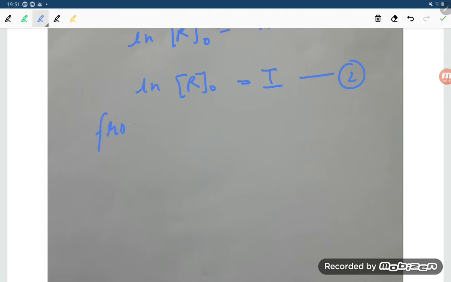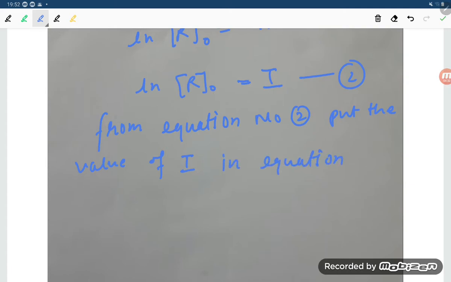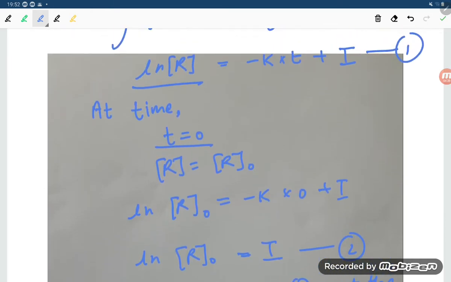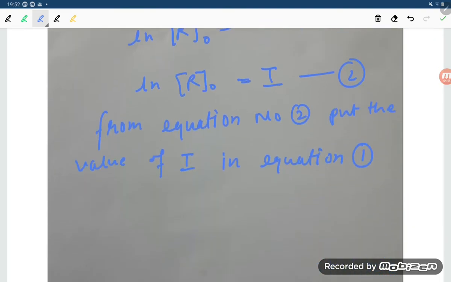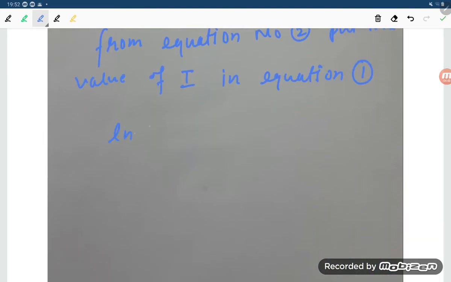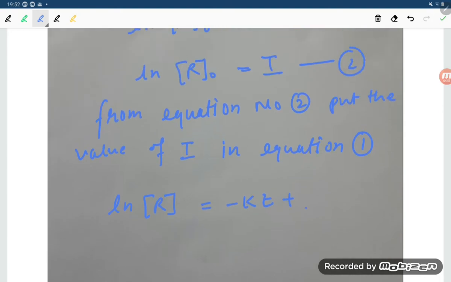From equation number 2, put the value of I in equation 1. So ln R is equal to minus k into t plus I, and the I value is ln R naught.